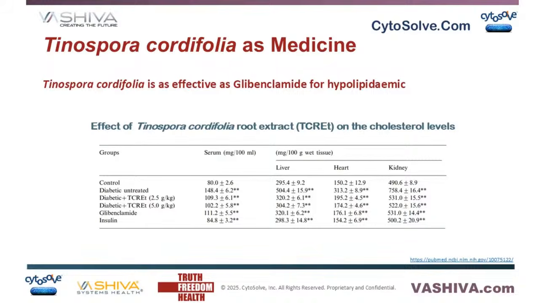Treatment with T. cordifolia root extract at both 2.5 grams per kilogram and 5.0 grams per kilogram significantly lowers cholesterol in all tissues, with results comparable to those achieved by glibenclamide and insulin. These findings suggest that T. cordifolia root extract has strong cholesterol-lowering effects, making it a promising natural alternative for managing diabetic hyperlipidemia.